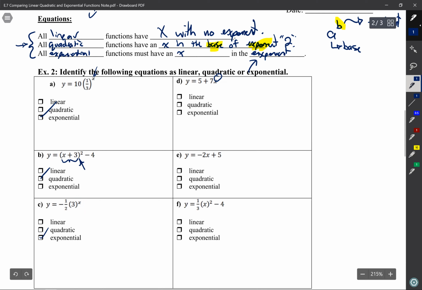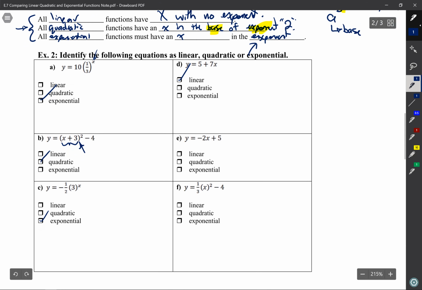No exponents whatsoever this time for d. If there are no exponents whatsoever, then I know I'm working linearly. No exponents again here, so it's going to be linear. And with part f, I can see that I have an exponent equal to 2, and there is an x in the base of my power there, so I know that I have a quadratic.